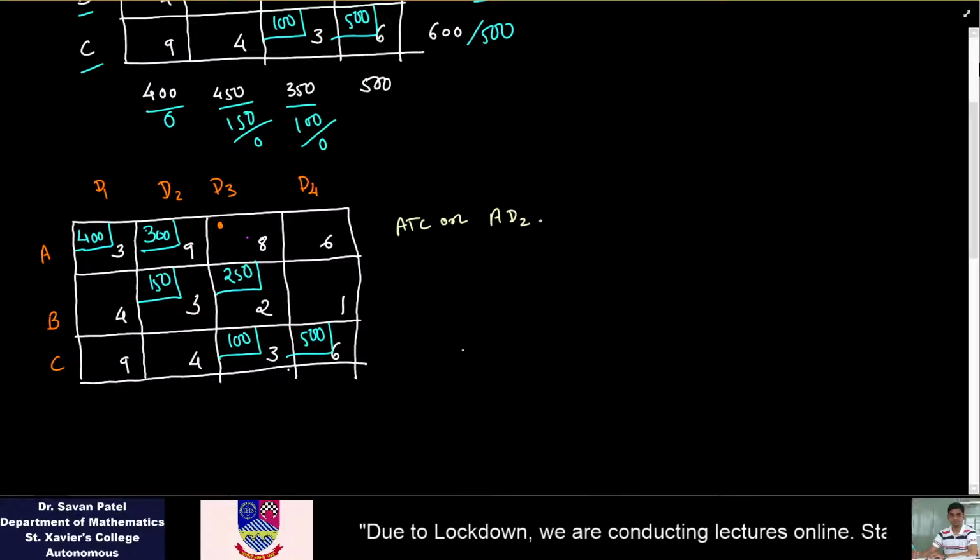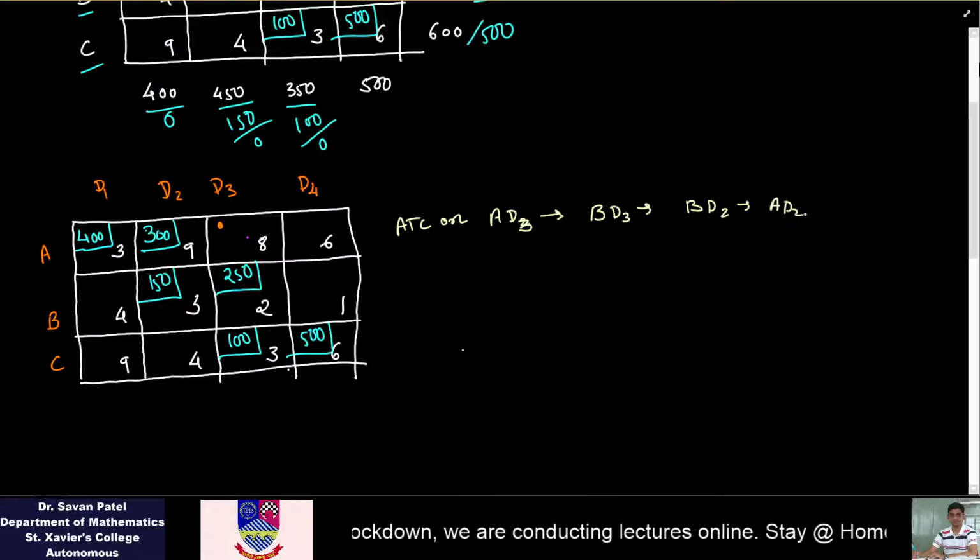The additional transportation cost for transporting via that point: A to D3, from there we go to B to D3, B to D2, and then A to D2, and come back to A to D3. As I have already shown, this is a loop. If we form this as a loop, we keep plus here, minus here, plus and minus.